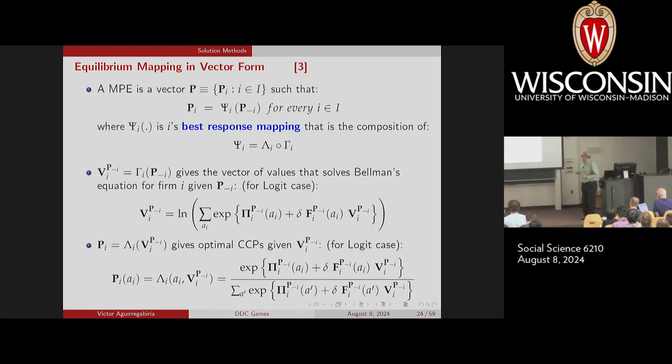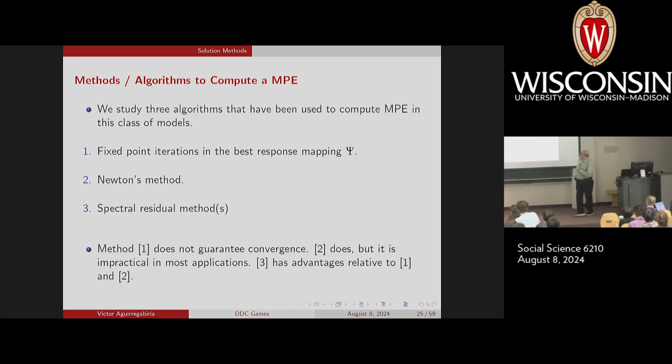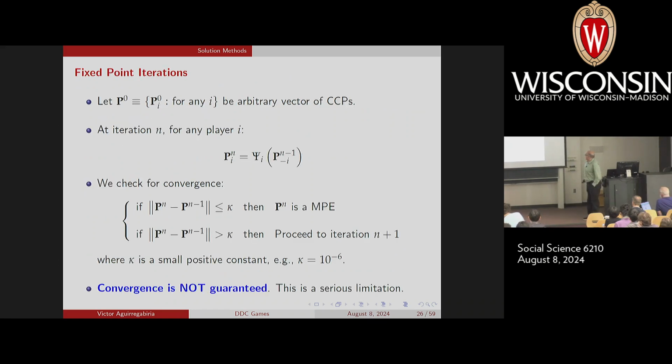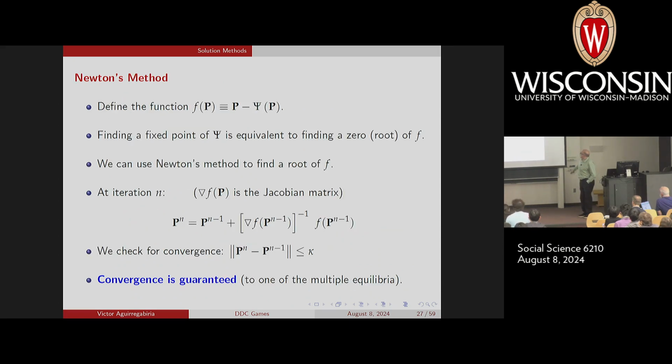Then this fixed point algorithm may or may not converge. Alternative methods are Newton's method and spectral residual methods. As I have mentioned, this is the fixed point iteration.